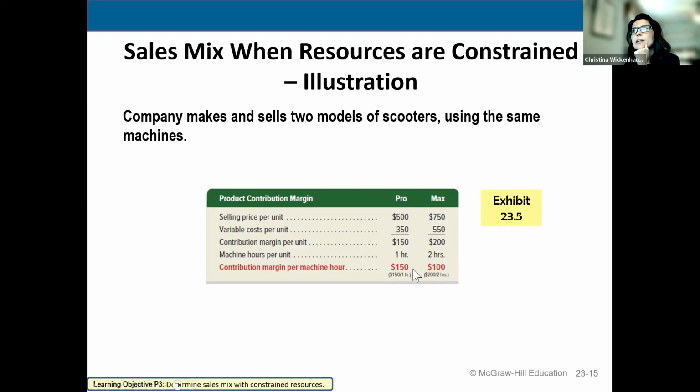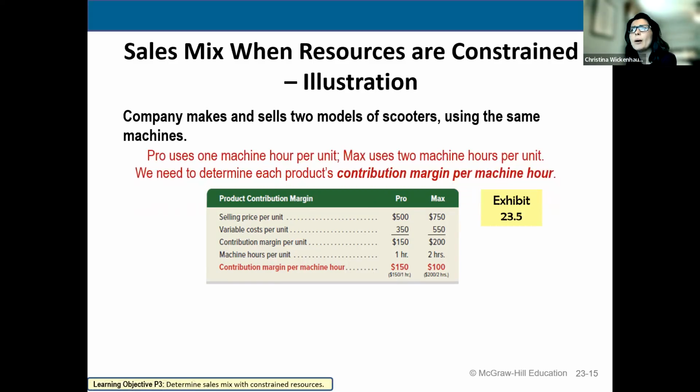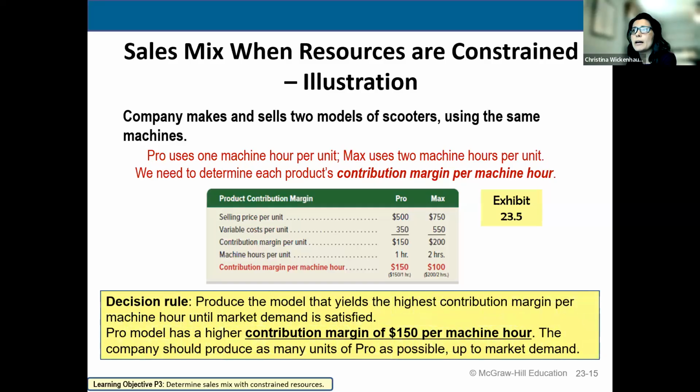So if I look at how much am I earning in time, I'm earning $150 contribution margin per machine hour for the Pro, whereas I'm only earning $100 per machine hour for the Max. So it tells me I should probably be focusing in on the Pro versus the Max, right?